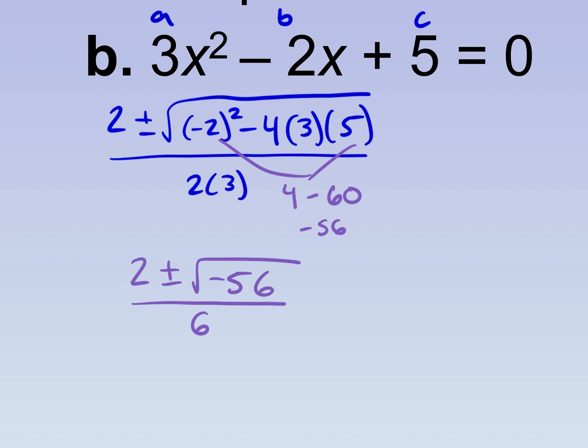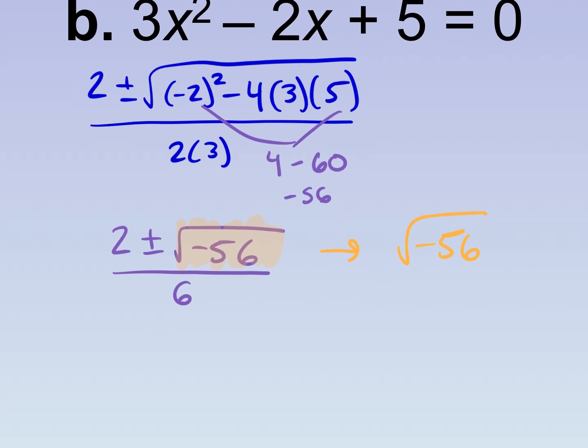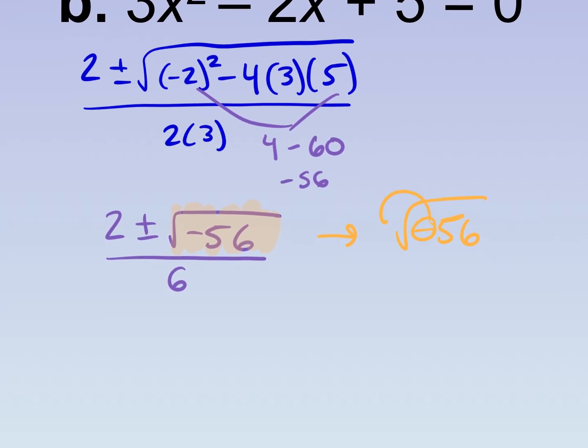Always, always, always simplify your radical if you can. I'll do it over here. Well, the negative comes out and we can turn it into an I. What are 2 factors of 56? 7 and 8. 2 factors of 8. 4 and 2.